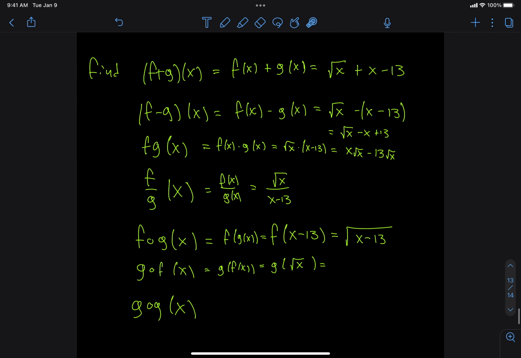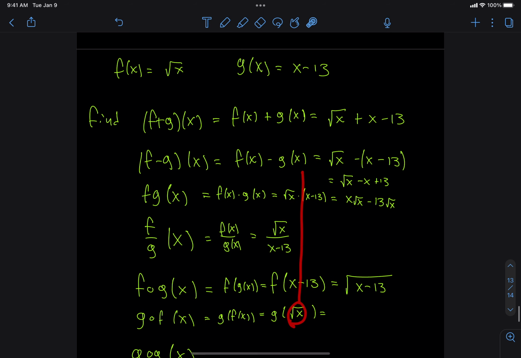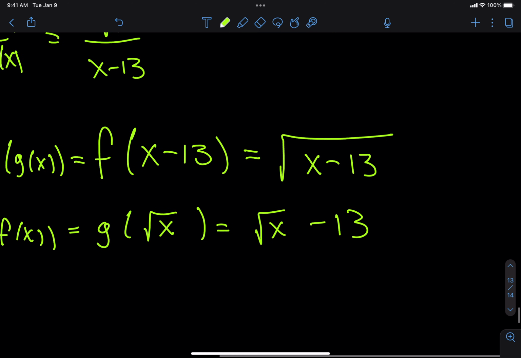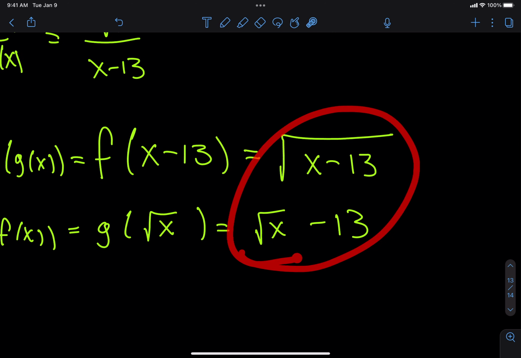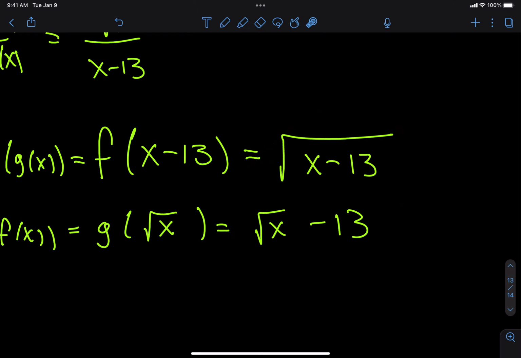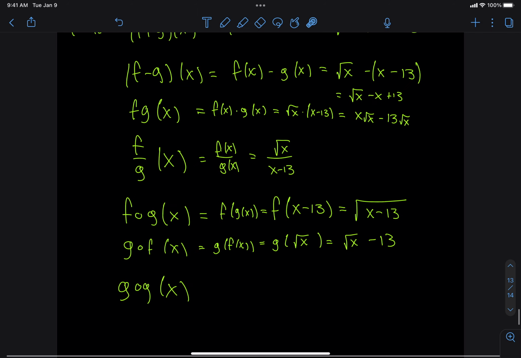I take square root x, and anywhere I see an x in the function g, I'm going to replace that by whatever's inside the parentheses here. So what will that look like this time? Yeah, square root of x minus 13. So you can see these two things are very different creatures. So the order does matter.